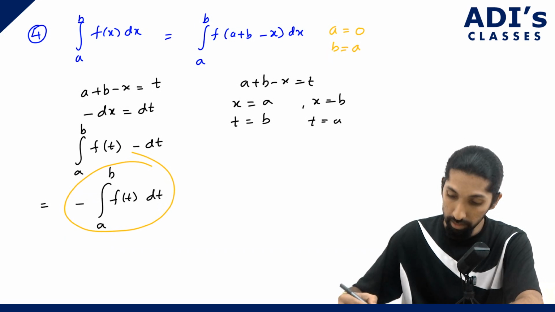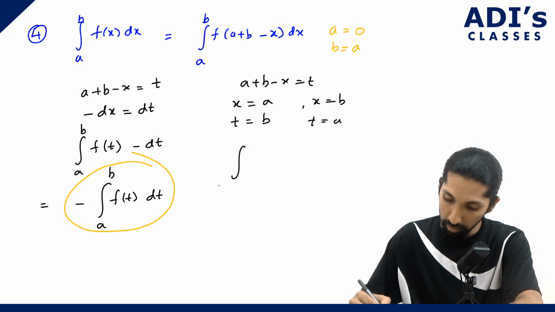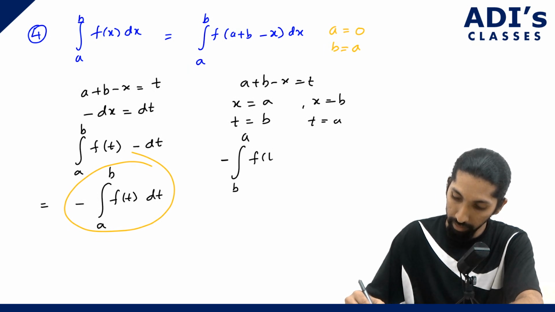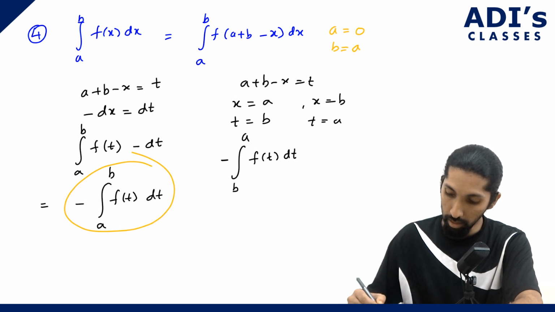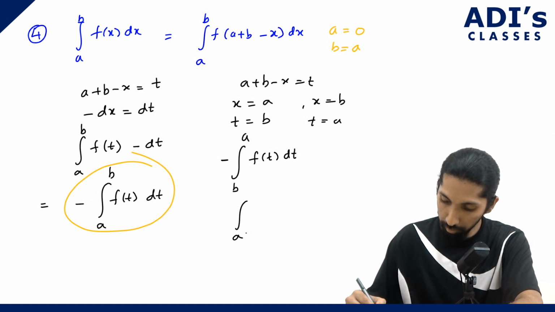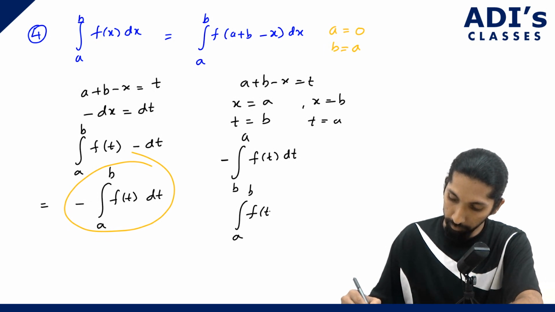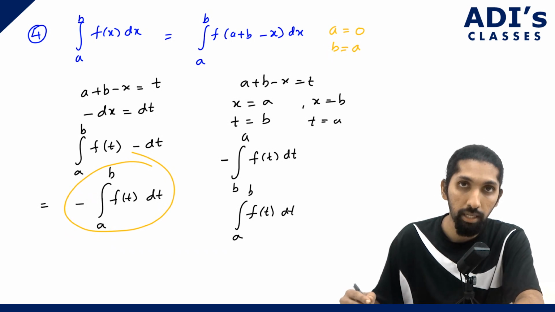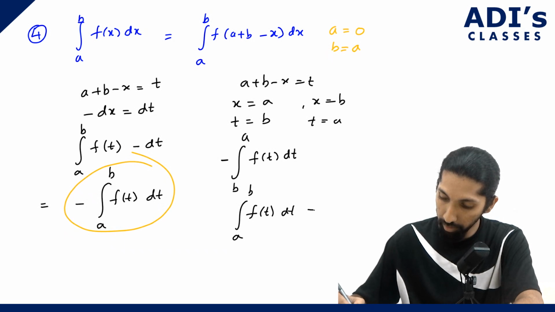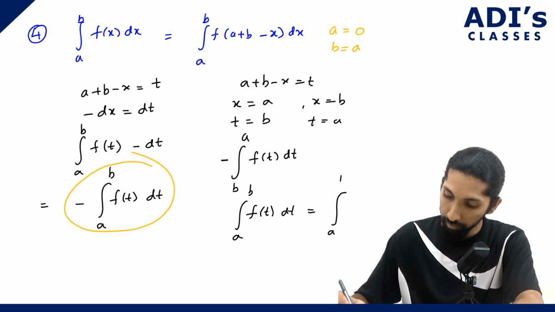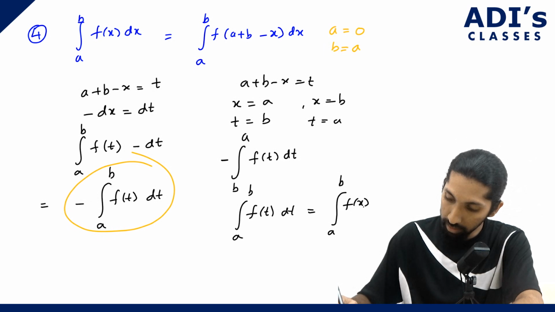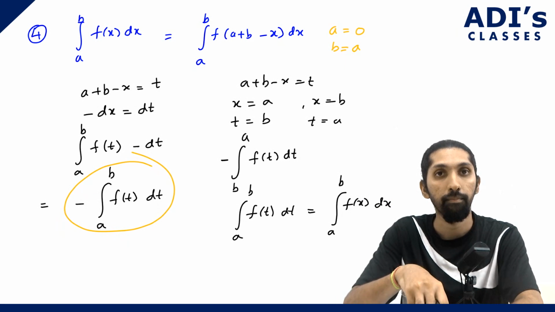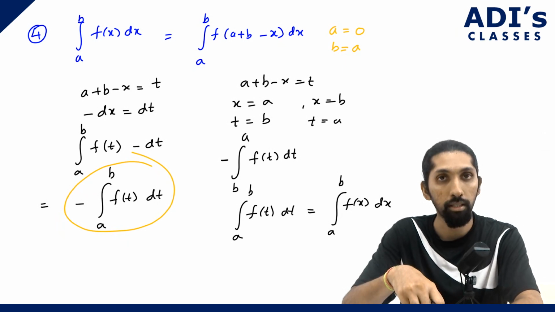When you change the limits, you have minus the integral from b to a of f of t dt, which is nothing but the integral from a to b of f of t dt. Remember the first property, you can change the variable, right? So this is going to become the integral from a to b of f of x dx. Isn't it what we have in the LHS? So LHS and RHS are one and the same.